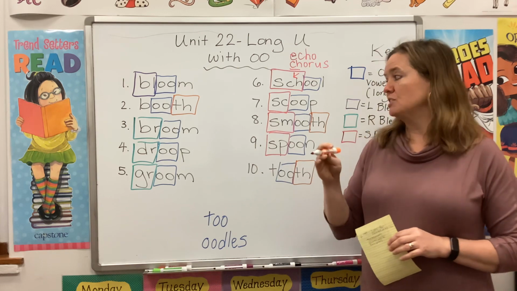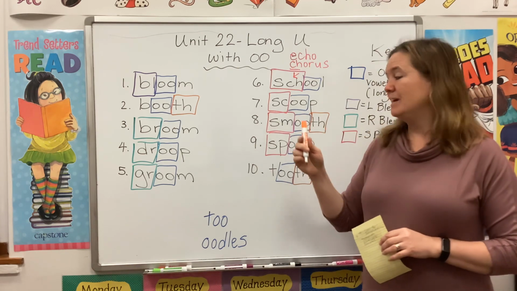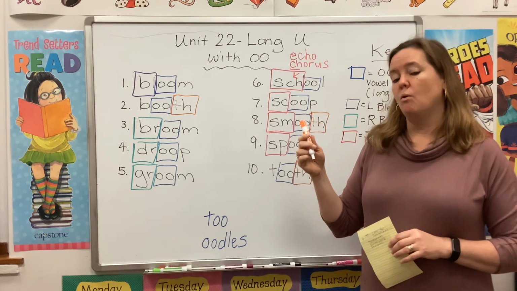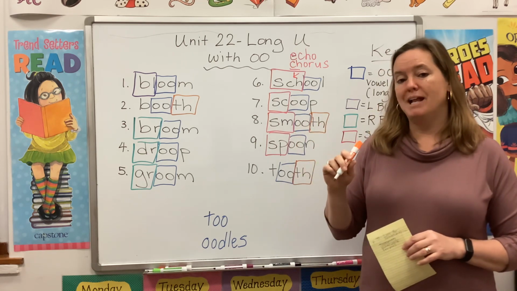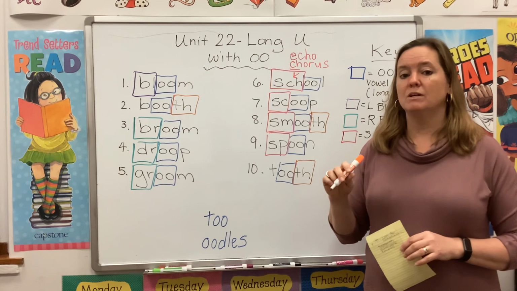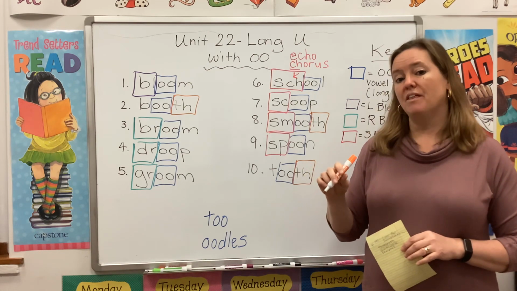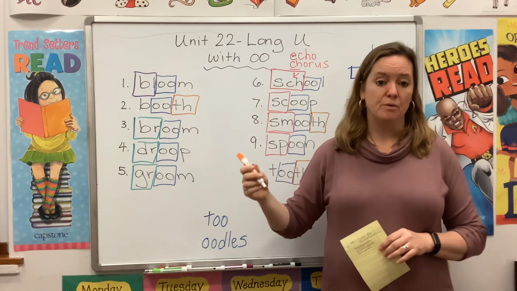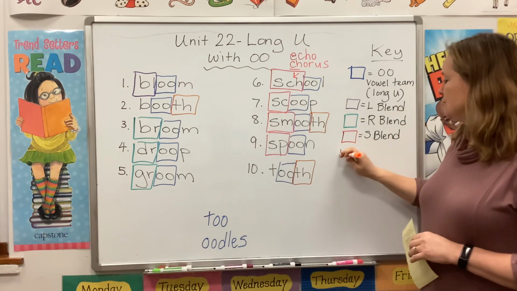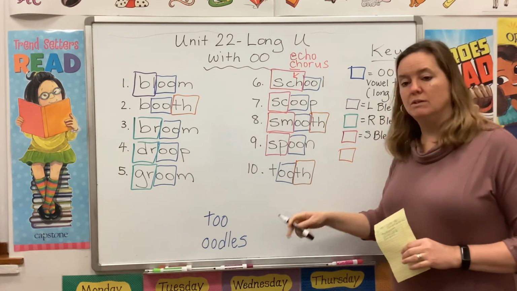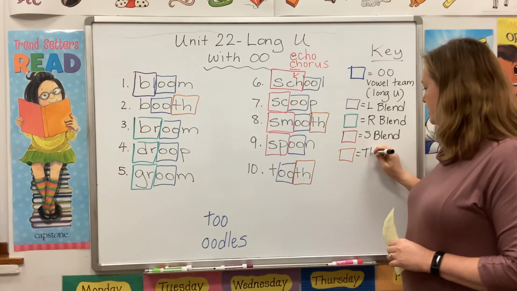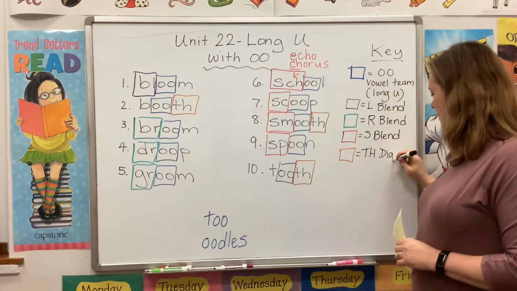We can pronounce it with our voice on in words like this or that or smooth. And we can pronounce it with our voice off in words like thin or thick or booth. Interesting, right? So, orange box equals TH digraph.